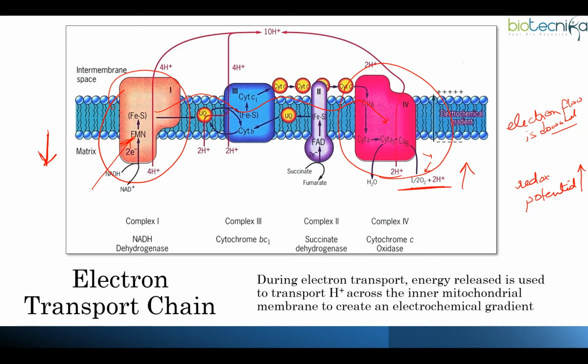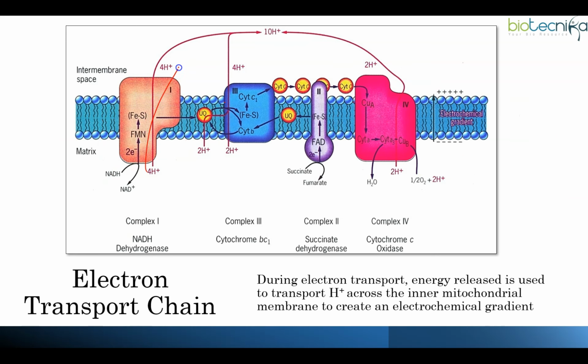Now whenever you have a downhill process, that means it's a favorable process, going from a low reduction potential to a high redox potential. It is easier, right? If any process is easier, then you would release some amount of energy, and that energy is coupled to the flow of protons. Because these electrons are transported downhill, the protons are able to be transported uphill.